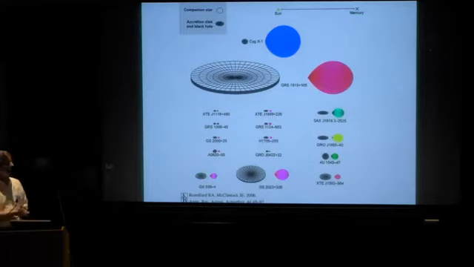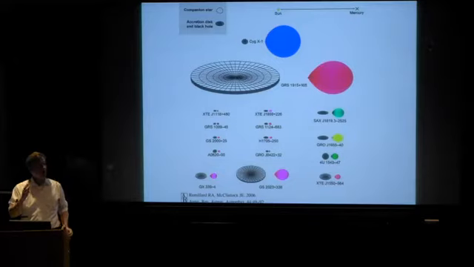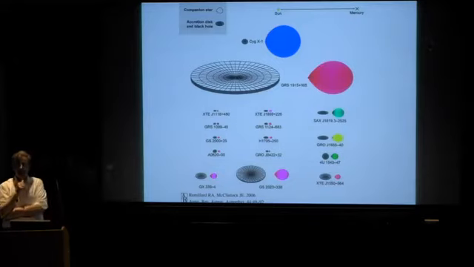I want to draw your attention to one of these, GRS 1915, which is one of the most studied examples. This is around a 12 solar mass black hole, and it's not accreting in a steady fashion.